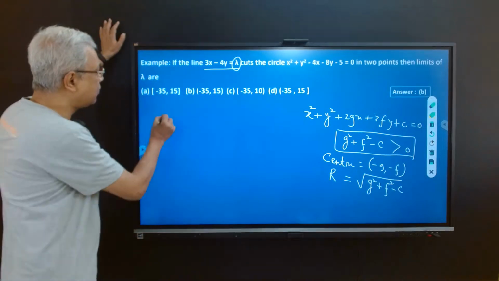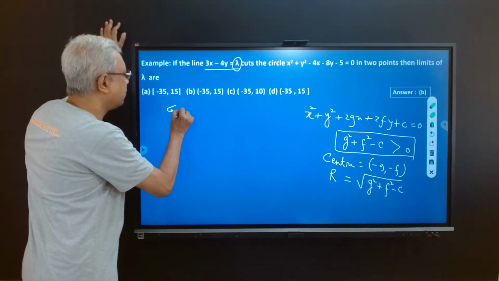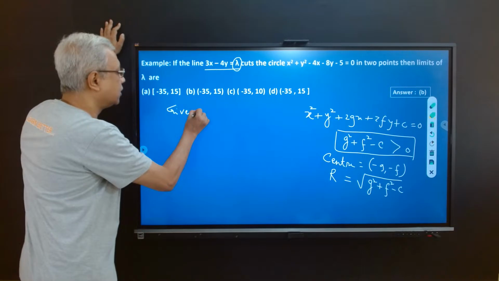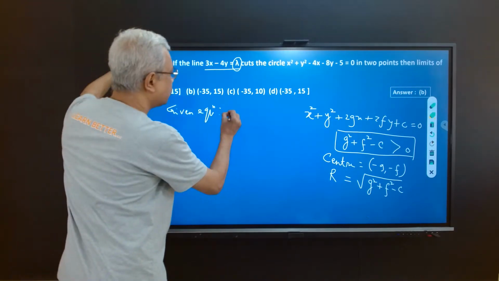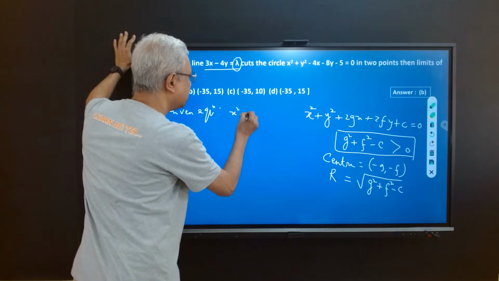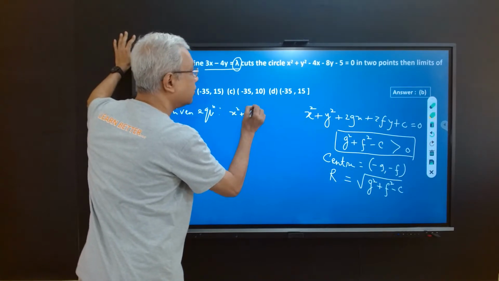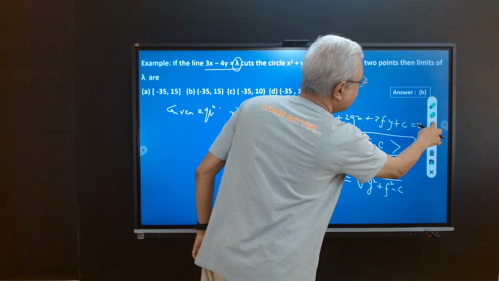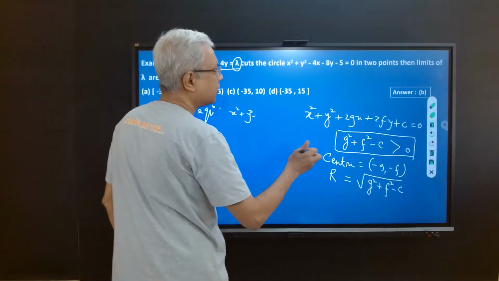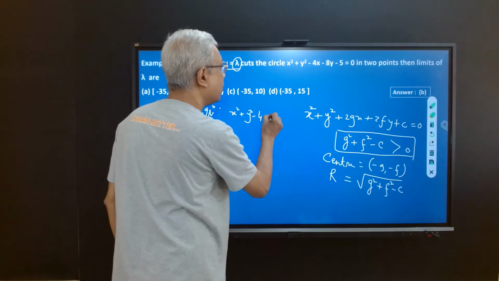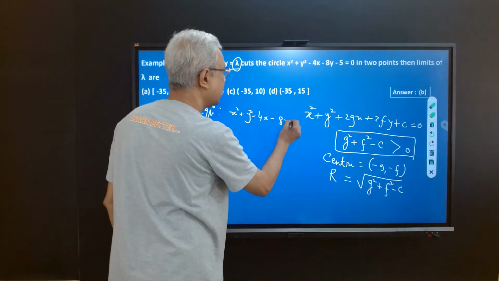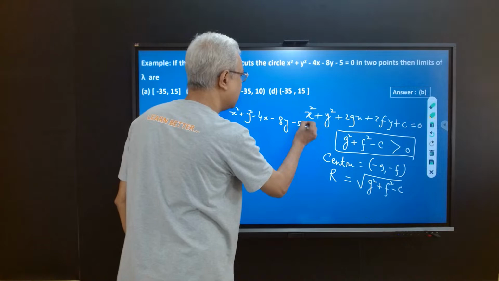Our given equation is x square plus y square minus 4x minus 8y minus 5 equal to 0.